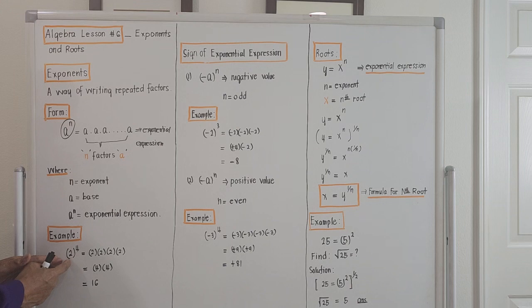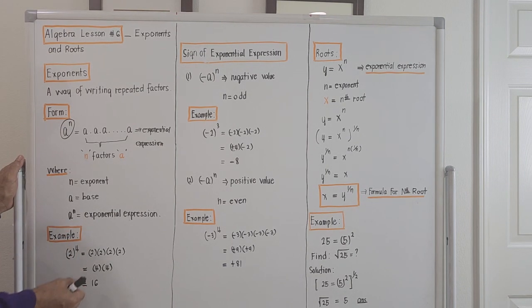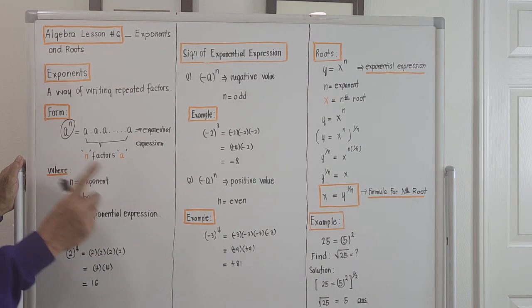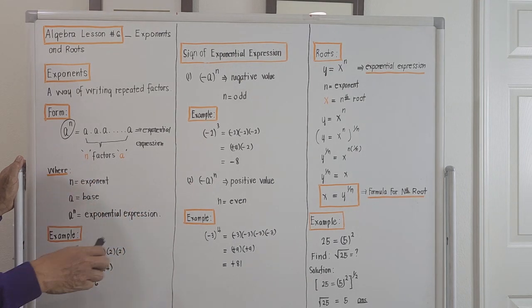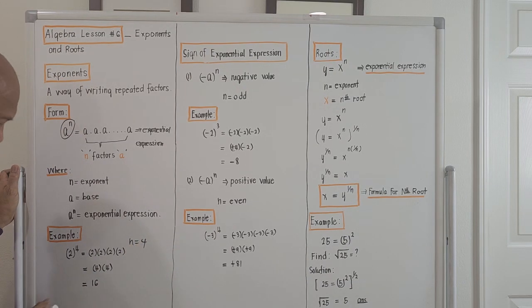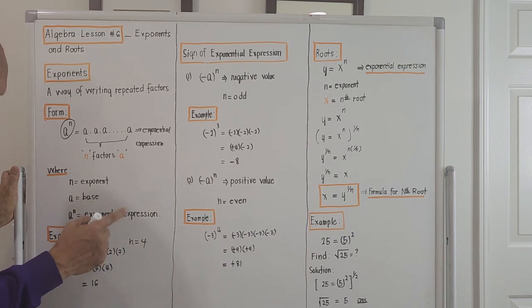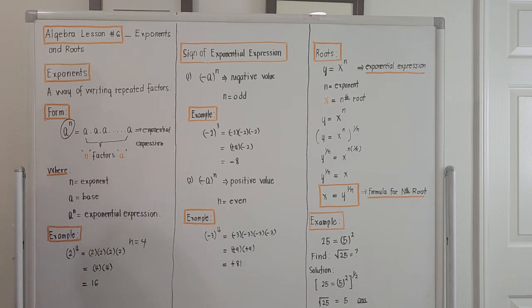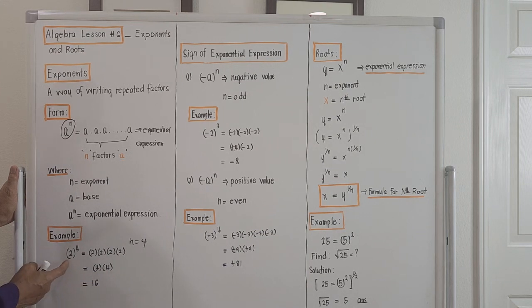We take the base, then multiply it by itself 4 times. It's an easy matter for this example: 2 times 2 will be 4, 2 times 2 will be 4, and 4 times 4 will be 16. So 2 raised to the 4th power will be equal to 16.